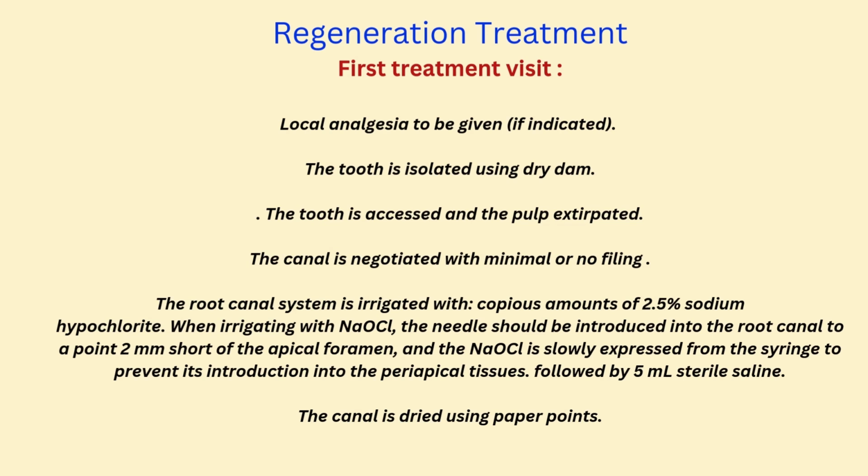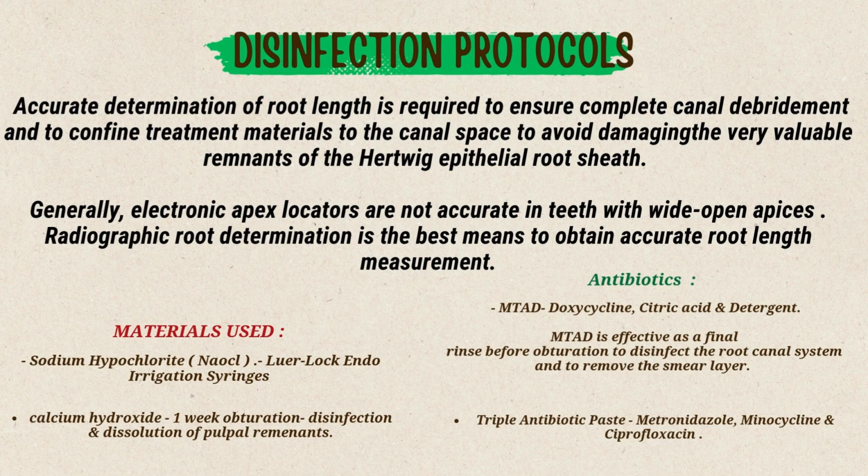So once the access is gained and the pulp is extirpated, the root canal system is irrigated with copious amounts of 2.5% sodium hypochlorite, using luer lock syringes because it's an open apex and we should be careful not to damage the stem cells present apically.